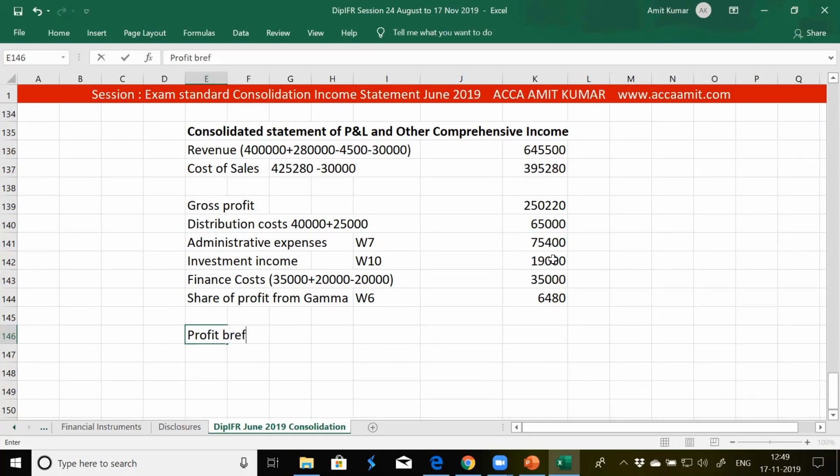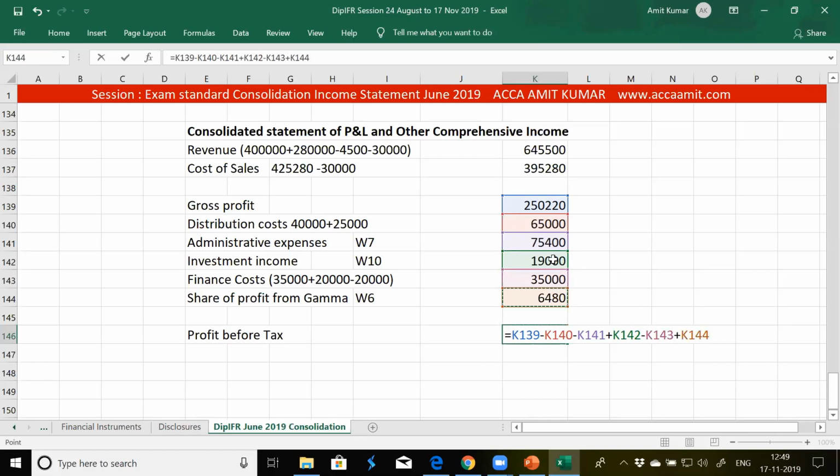Profit before tax equals gross profit minus distribution costs minus administrative expenses plus investment income minus finance cost plus share of profit.